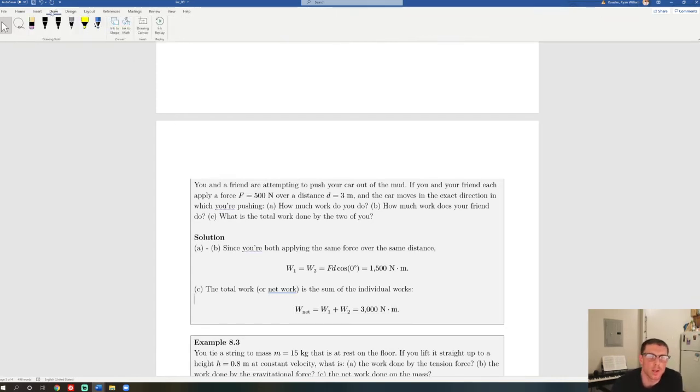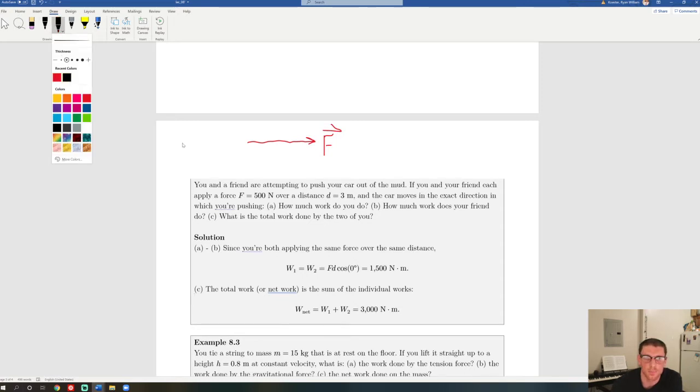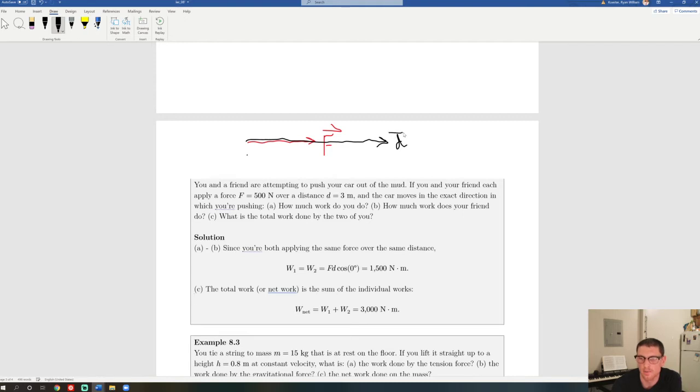Maybe I will just make a quick sketch of the situation, and it might be a little crowded because, well, you'll see why. Imagine that the direction that you're applying the force in is like this, right? This is your F. Well, the displacement is going to be represented by this black arrow I'm drawing, and that might look maybe like this, right? And these are supposed to be straight lines.